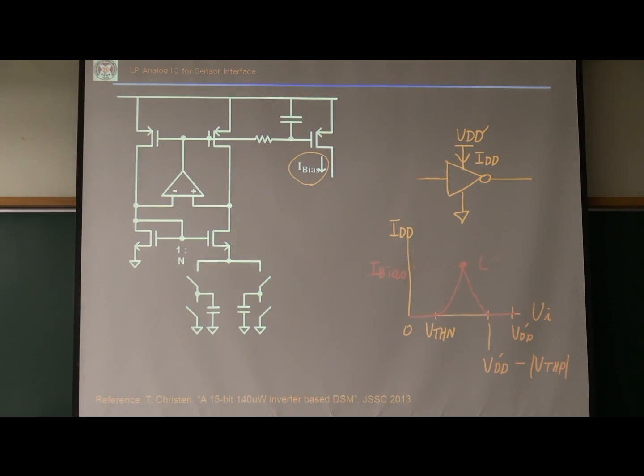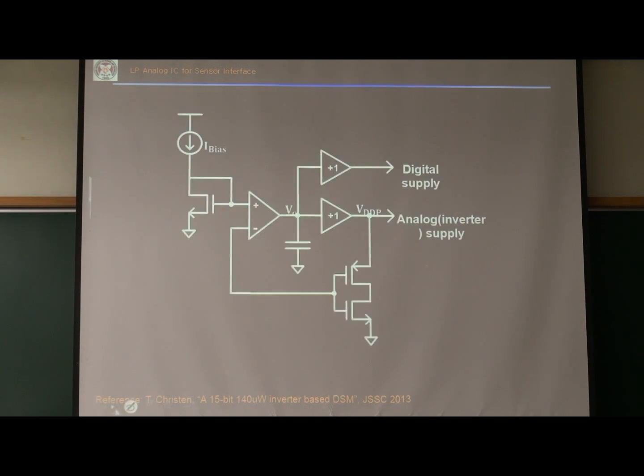This is only the logic threshold point, right? So I want to generate a bias circuit. I will use this bias circuit to generate this supply voltage by using some regulator. This is VDD prime, and this generates the current I bias.